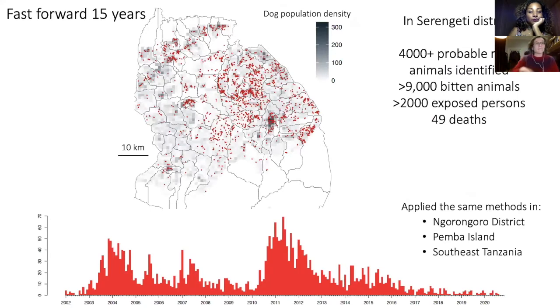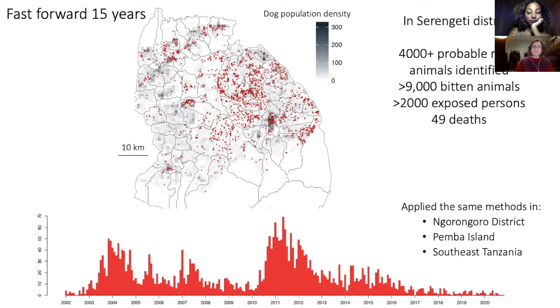So we've been doing that for quite some time. This slide basically captures what feels like my entire career of research. These red dots represent the rabid dogs that we've identified in Serengeti district in northern Tanzania since around 2002.